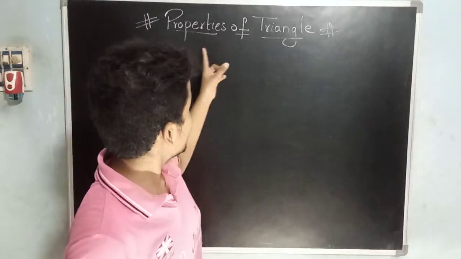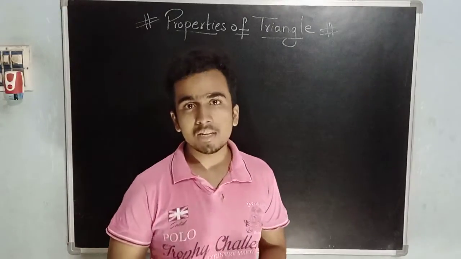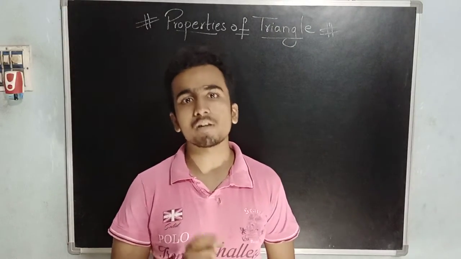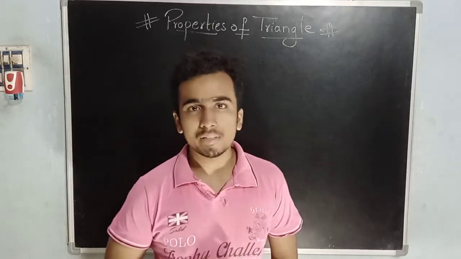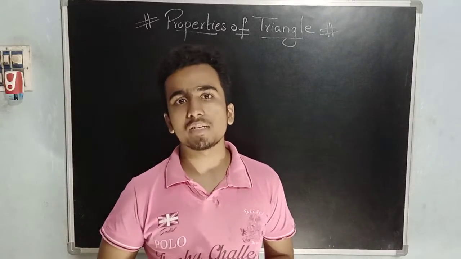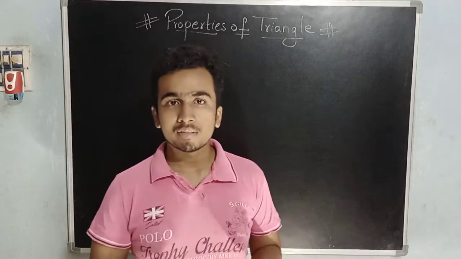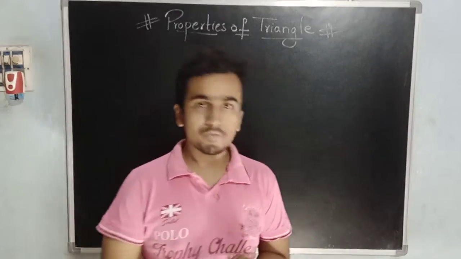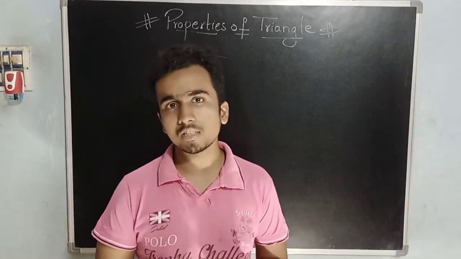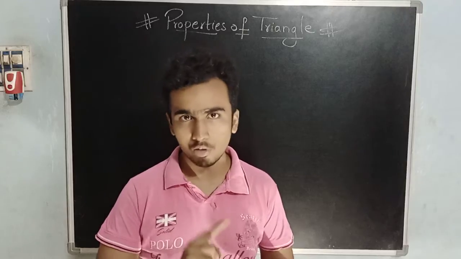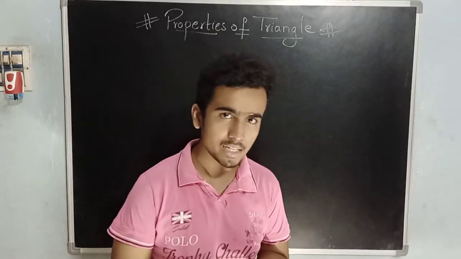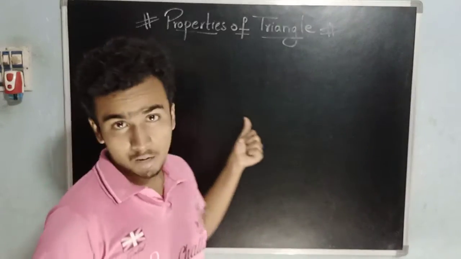Basically, to understand the chapter properties of triangles, you need to have the basic fundamentals of trigonometry and basic geometry. These two chapters are going to make you understand this chapter.